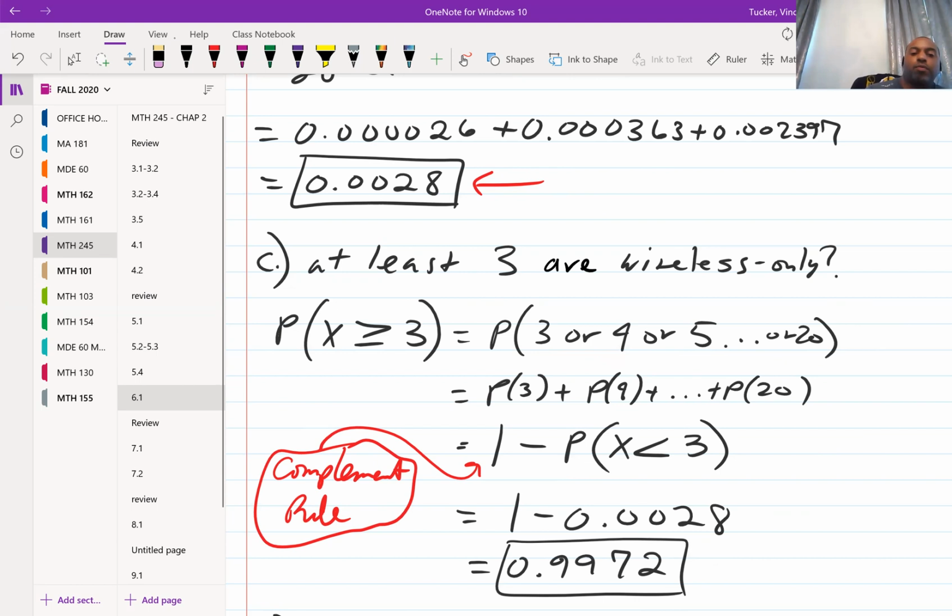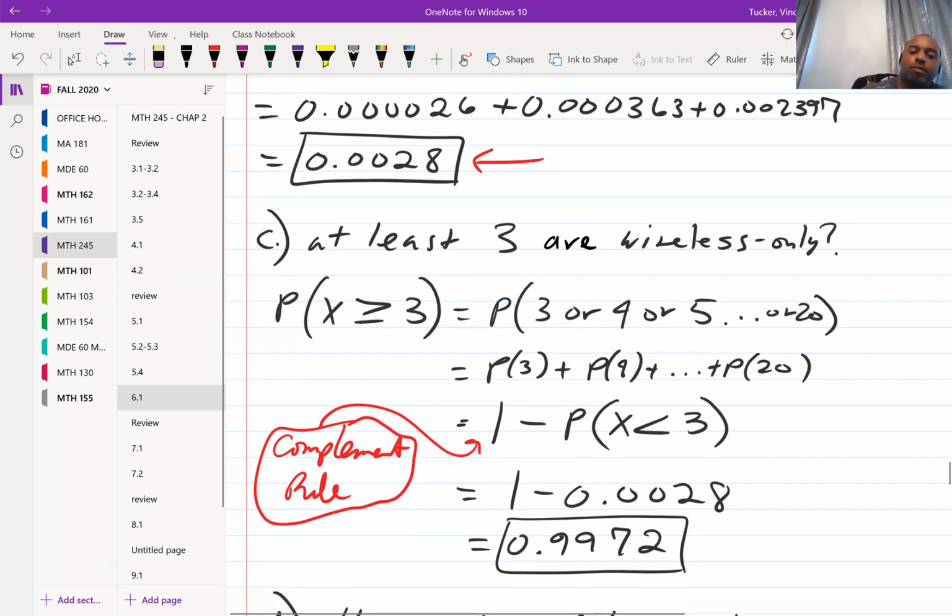Any problems? Even if we hadn't just found this, that is an option for you to do. You just find the others and then subtract that from 1. All right. Any problems before we look at D?